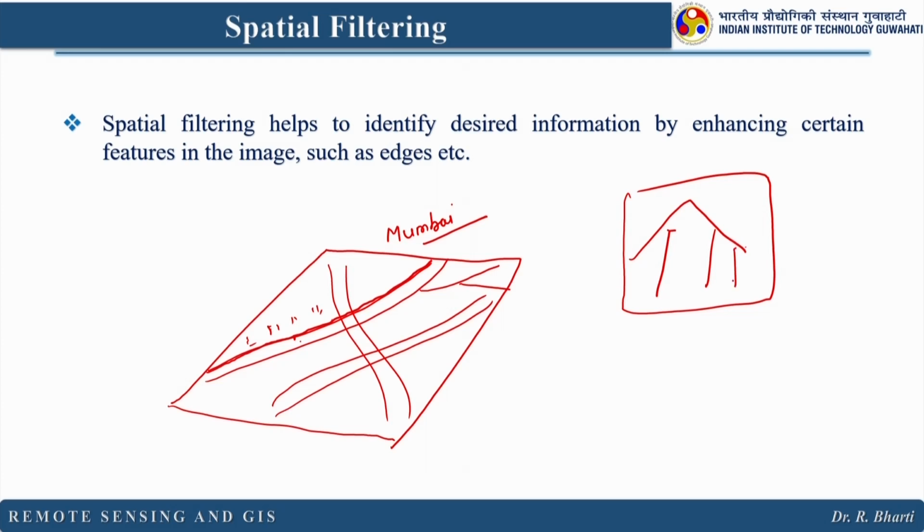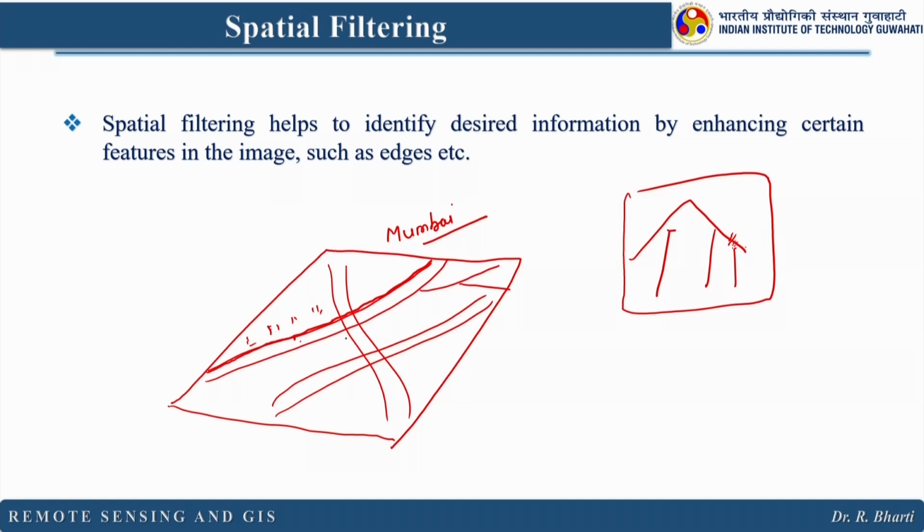Because of these lines, where intensity is changing abruptly. So, filtering is one of the mechanisms or logics which can be used to identify edges. This is one example.